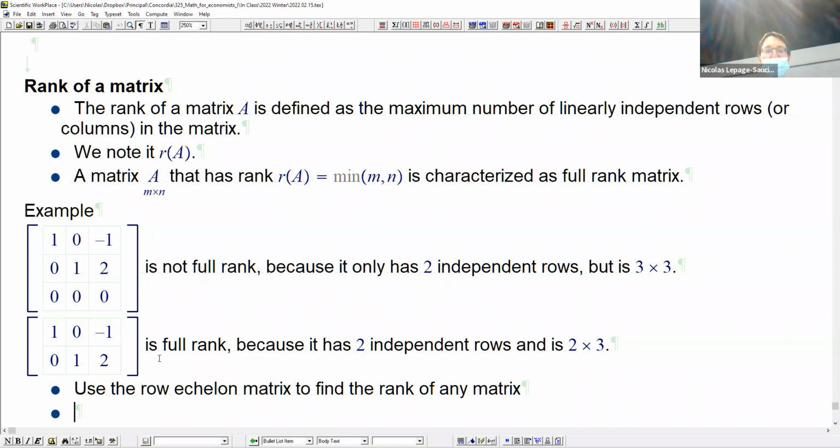So you get to the essential of the information you have in your matrix. So that way we're able to know that we have just 2 rows that are independent of each other, and the third one can be eliminated.